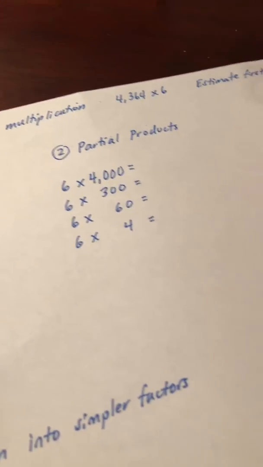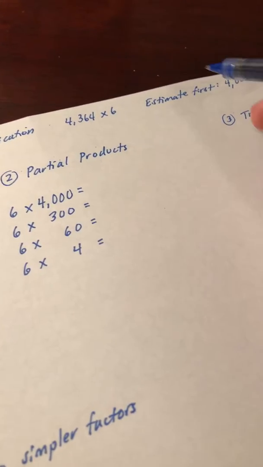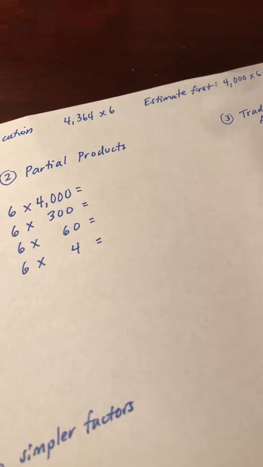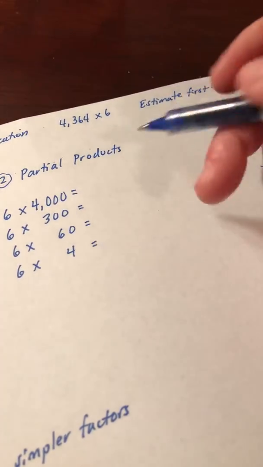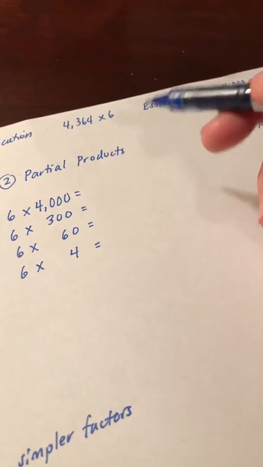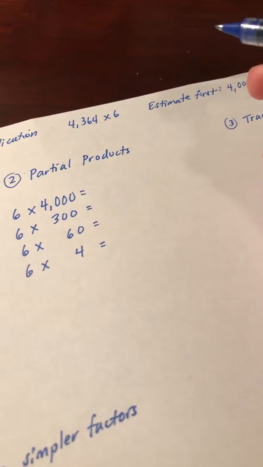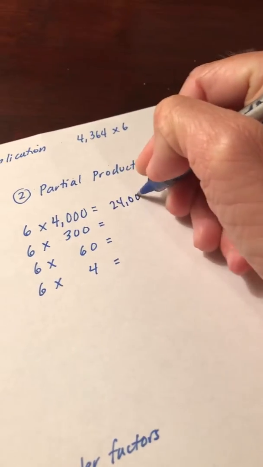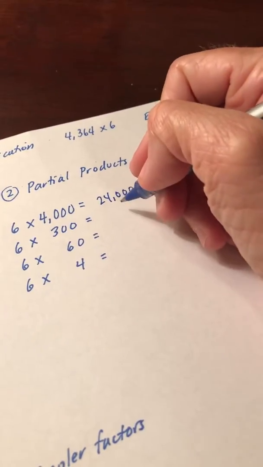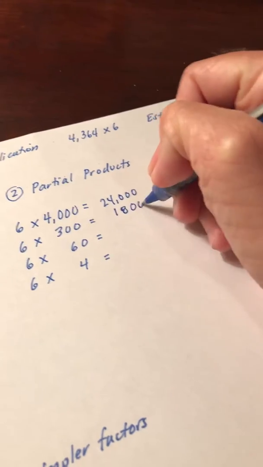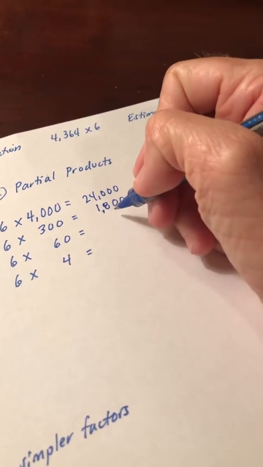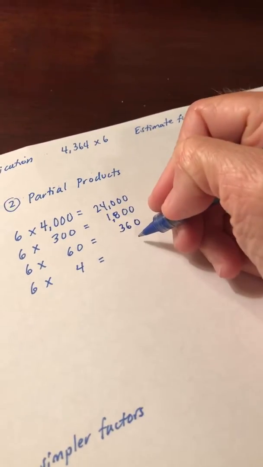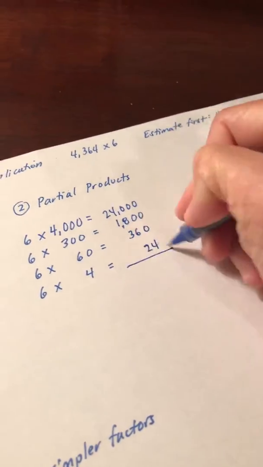I'm going to come over here to partial products. Partial products is basically the exact same as the area model without having to draw out the boxes. It saves us some steps and really is still the same thing. We're still just breaking it up into place values using expanded form. So 6 times 4,000 is 24,000. 6 times 300 is 1,800. 6 times 60 is 36 tens, 360, and 6 times 4 is 24.